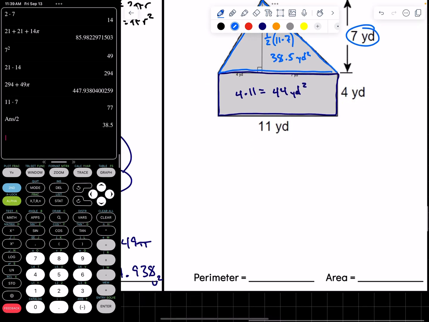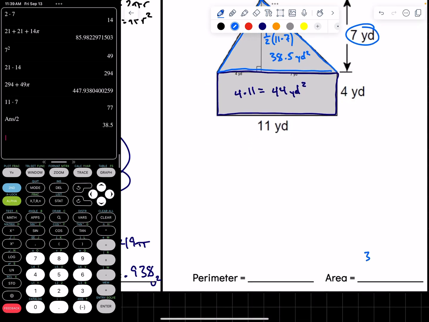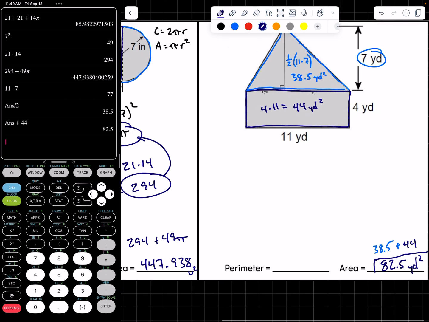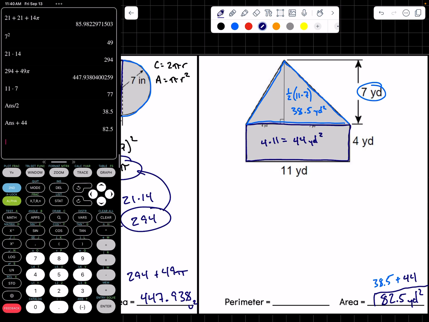So if I add 38.5 plus 44, I get 82.5 yards squared. And now I'm going to come in here for my perimeter.